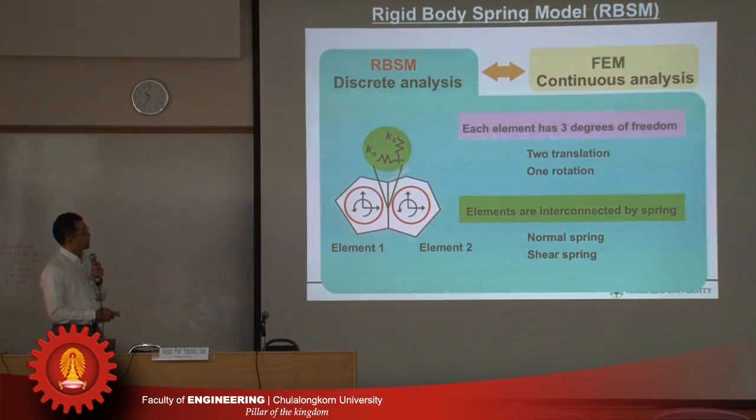So this is our target. If we can get the rule of the deteriorated concrete for this normal spring and shear spring, then we can take into account those influences in the RBSM system.